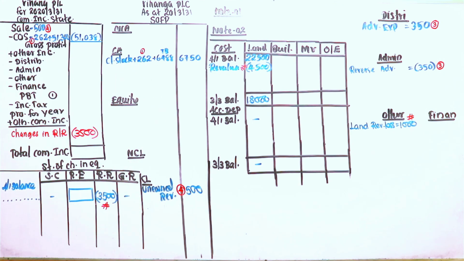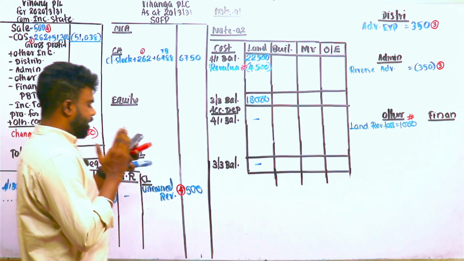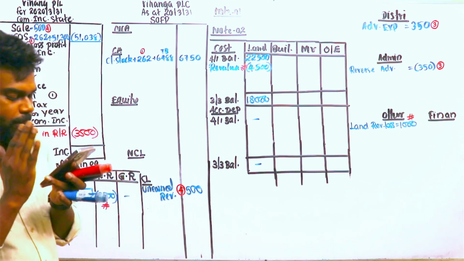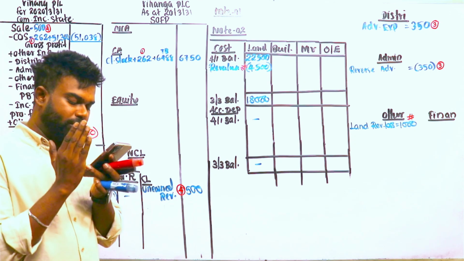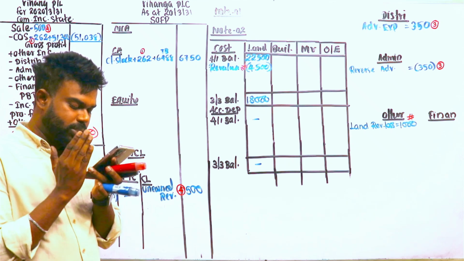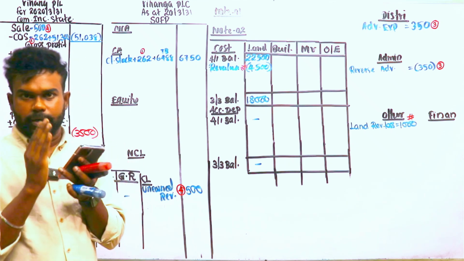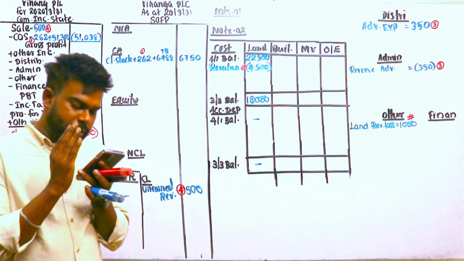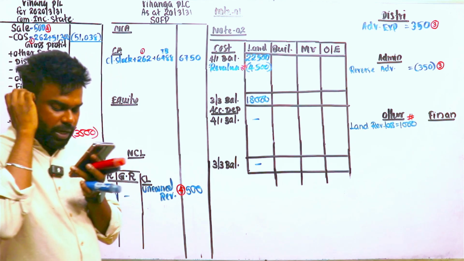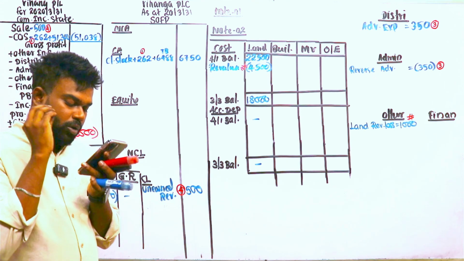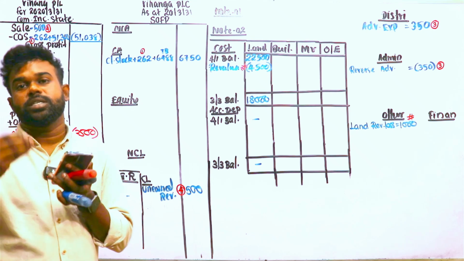Next one, row number 5. The building and motor vehicles have been purchased during the year, on October 1st and January 1st respectively, which means building purchase October 1st, motor vehicle purchase January 1st. However, the current year depreciation has been calculated erroneously based on the cost without considering the purchase date.